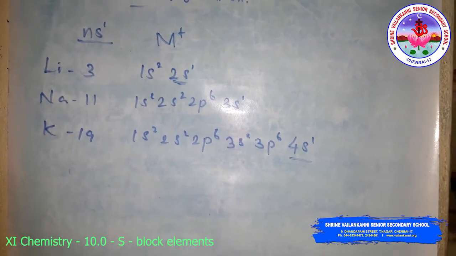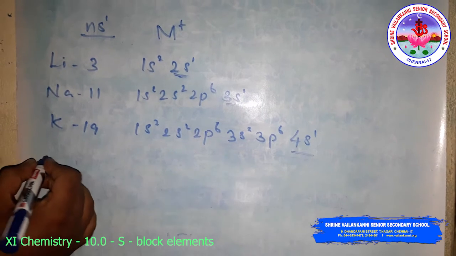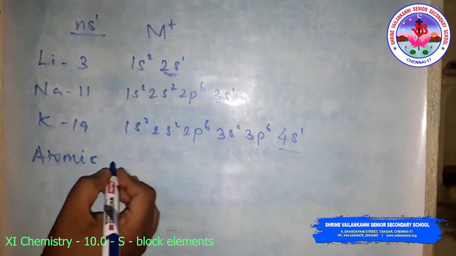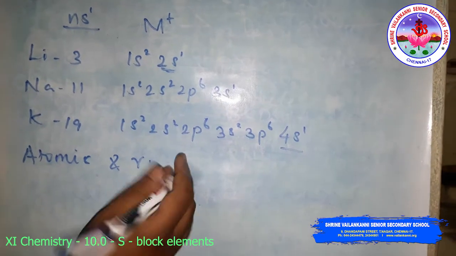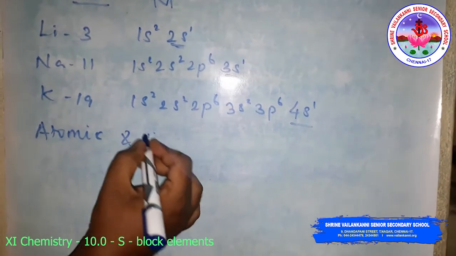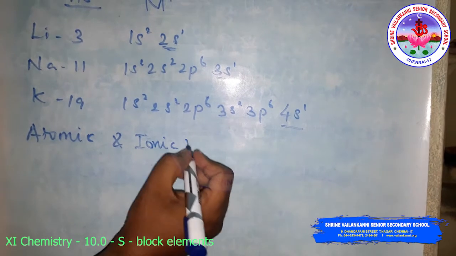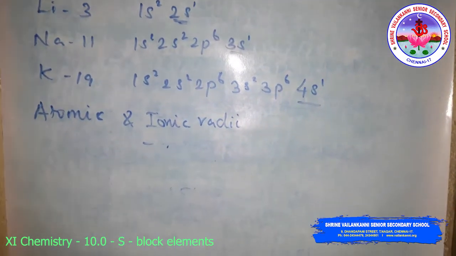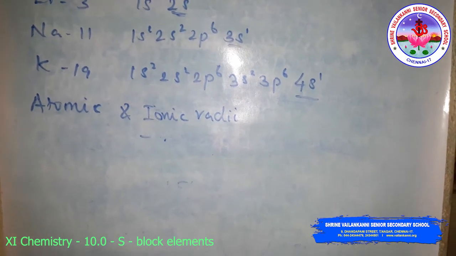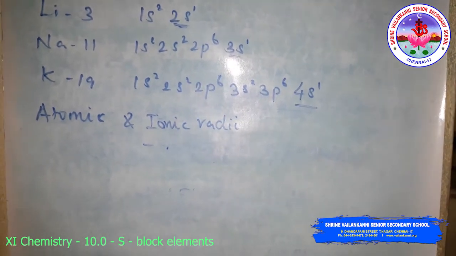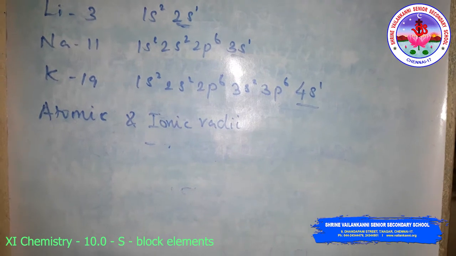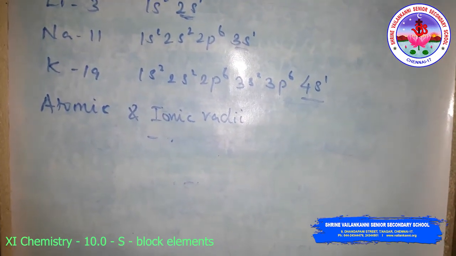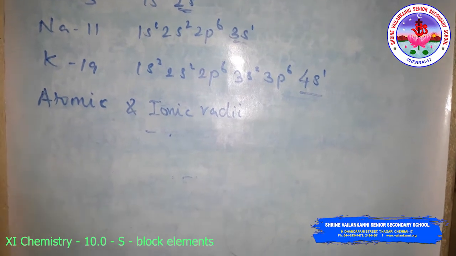The next topic is atomic and ionic radii. Alkali metal atoms have the largest size in their particular period of the periodic table. With increase in atomic number, the atom becomes larger. The monovalent ions are smaller than the parent atom.